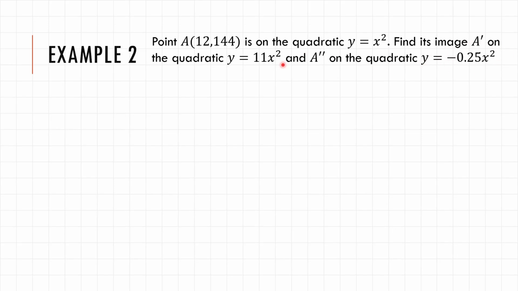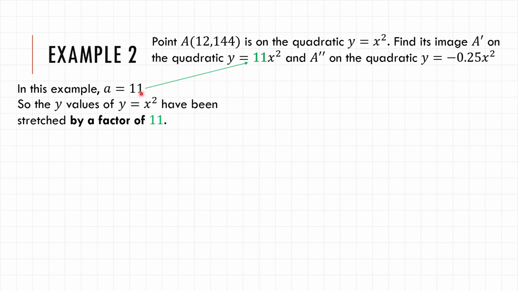So we need to find its two new locations for this point, A prime and A double prime for point A. So in this first example, A is equal to 11. Not the point A, but the variable a, because this is ax squared, it's equal to 11. And that means that the y values of our original quadratic have been stretched by a factor of 11.